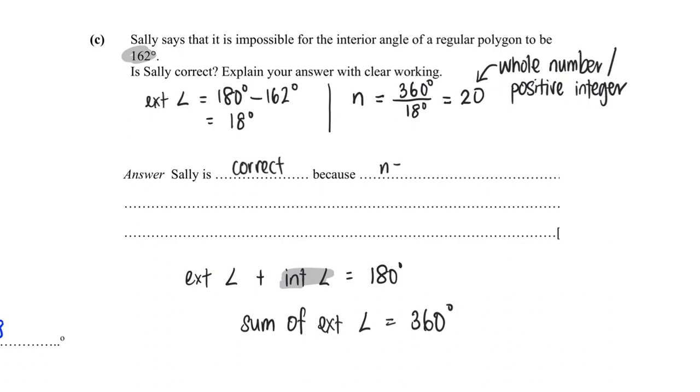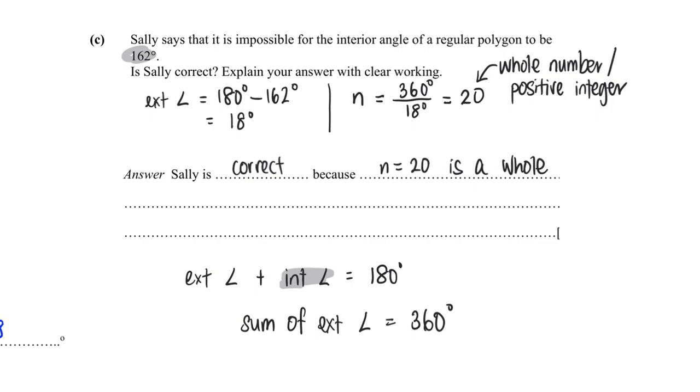Because the fact that there are 20 sides and this n is not a decimal or a mixed number per se shows that we can form an interior angle of a regular polygon to be 162 degrees. And this regular polygon has 20 sides. So this is a whole number.